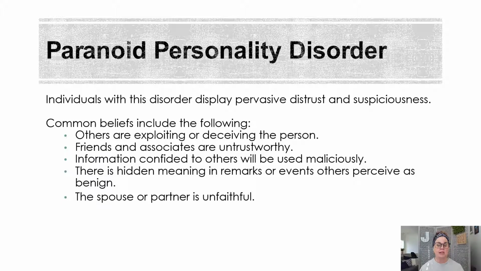They believe that a partner or a spouse is unfaithful. They don't trust their friends. They believe that any information that they give to someone is going to be used against them. There's some underlying motive that everybody has if they're wanting to develop some type of relationship with them. And that extends our details about the paranoid personality disorder a bit more.